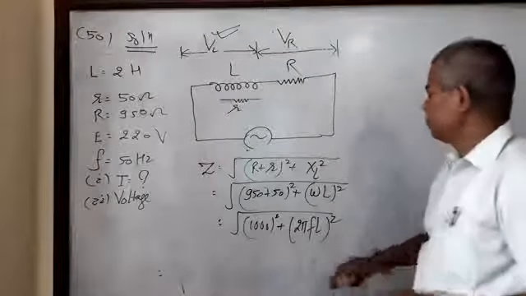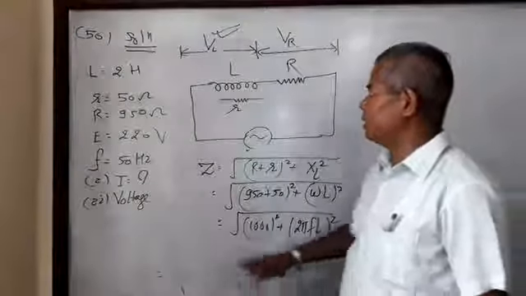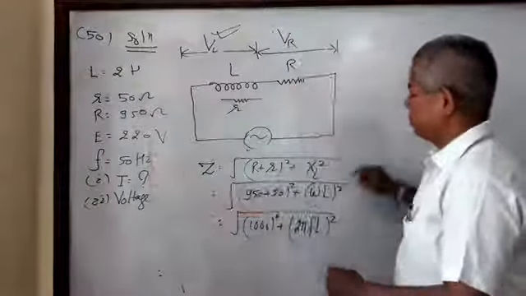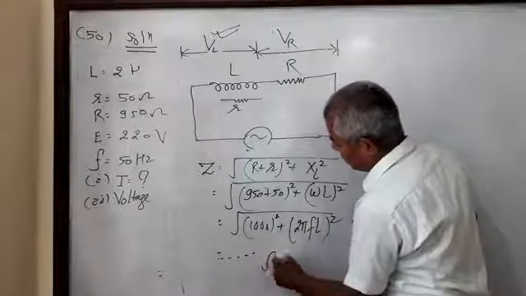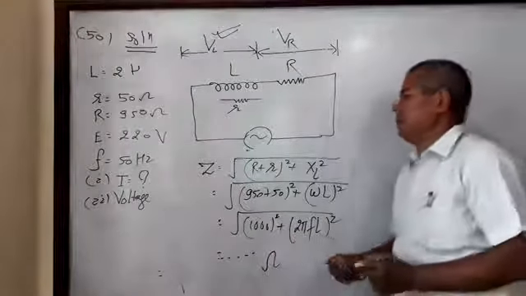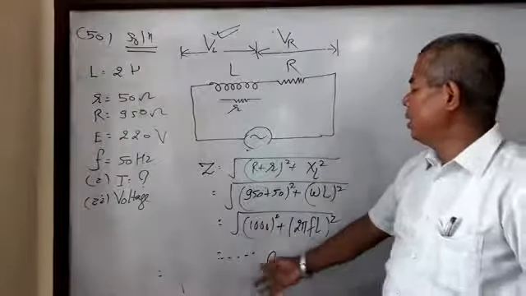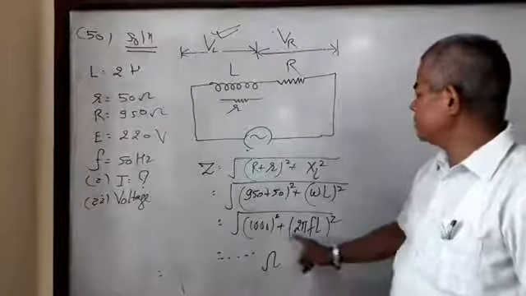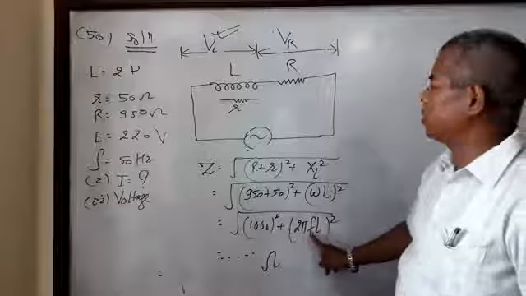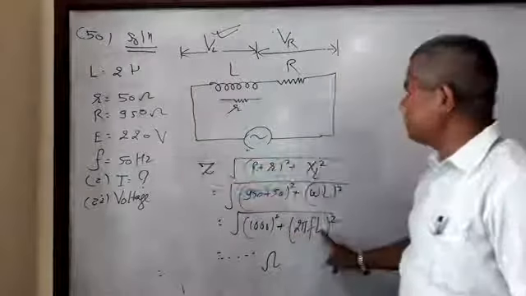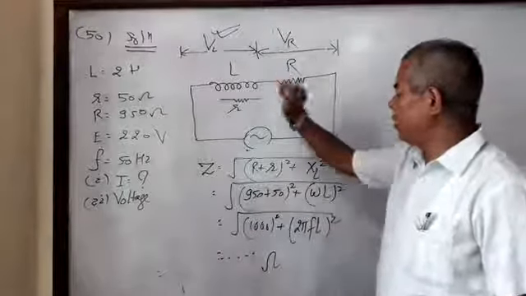Here the frequency is given as 50 hertz and the inductance is 2 Henry. Putting in these values, we can find the impedance Z in ohm, the total resistance of the circuit.